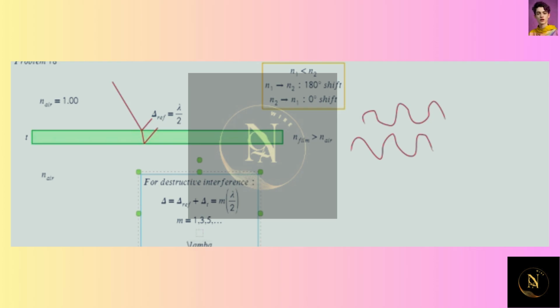If lambda over 2 plus delta t is going to give us an odd integer multiple of half wavelengths, that means delta t must be an even multiple of half wavelengths. Well, it just has to be an integer multiple of wavelengths.